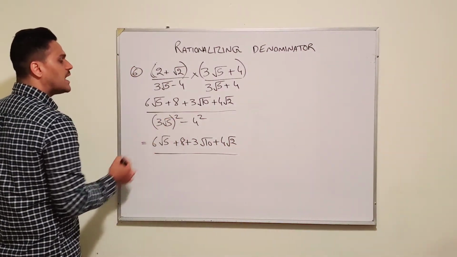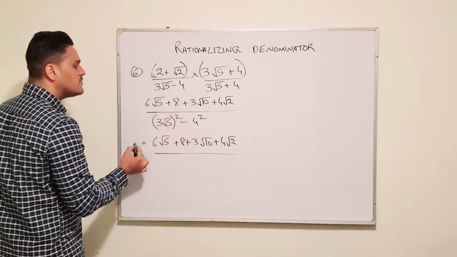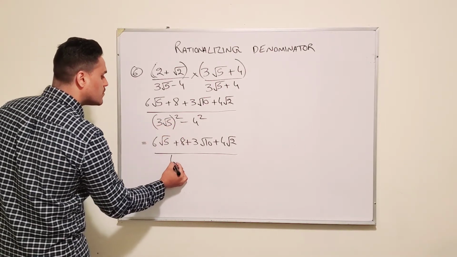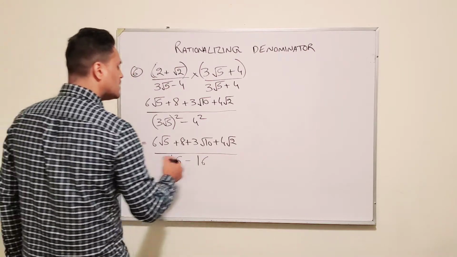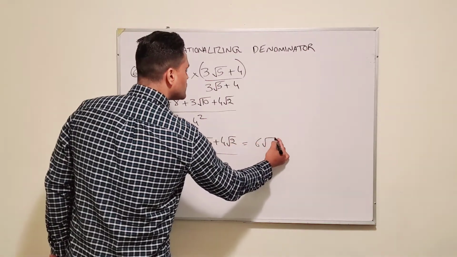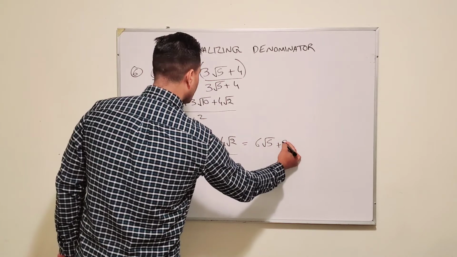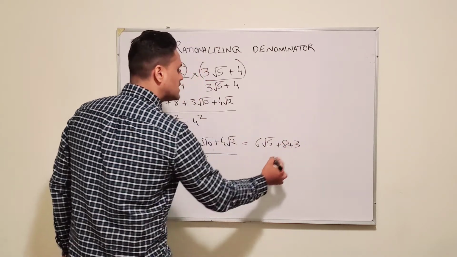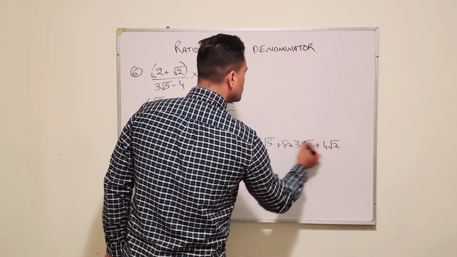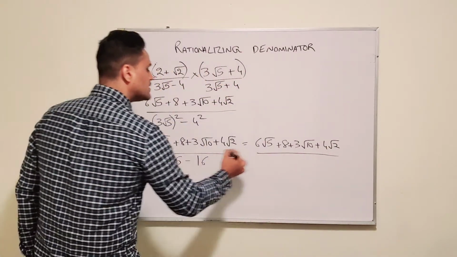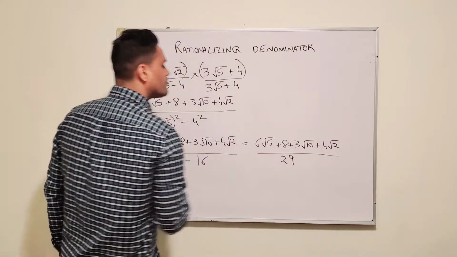Now 3 square is 9, and square root of 5 square is 5, and 9 times 5 is going to be 45, and 4 square is going to be 16. So our final answer is going to be 6 square root of 5 plus 8 plus 3 square root of 10 plus 4 square root of 2 all over 29.